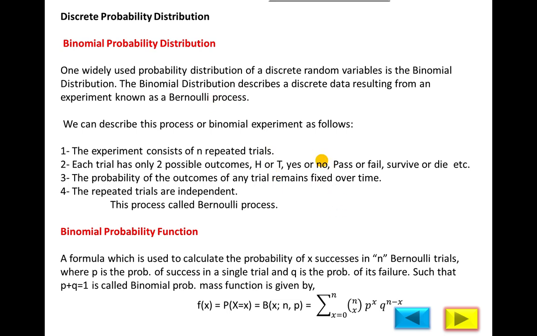With the help of this formula you have solved different questions. In the first question, video number 10, if you throw a coin 3 times, you know that the possible outcomes are 8.